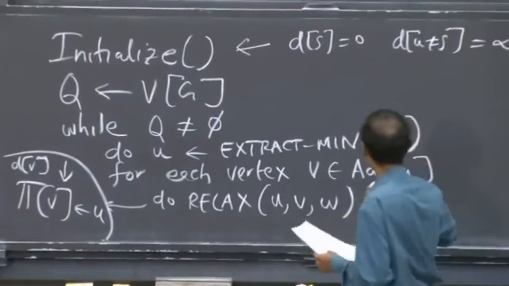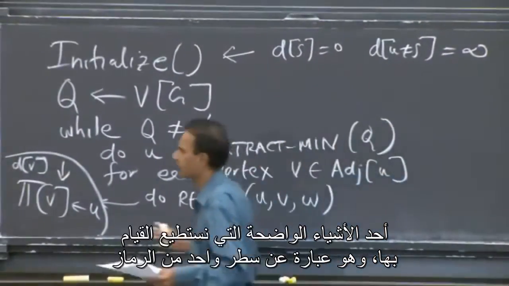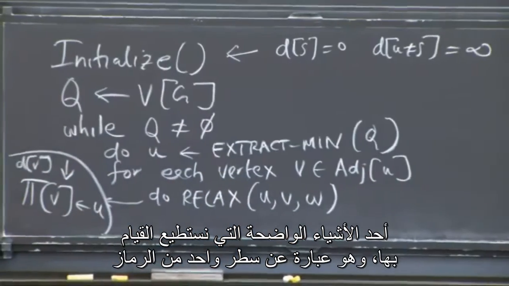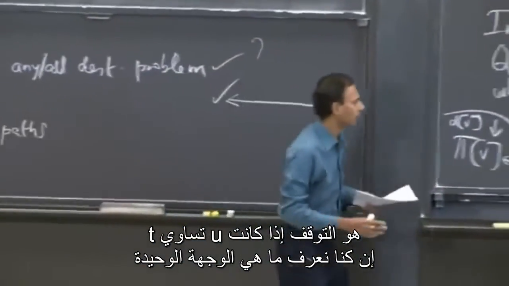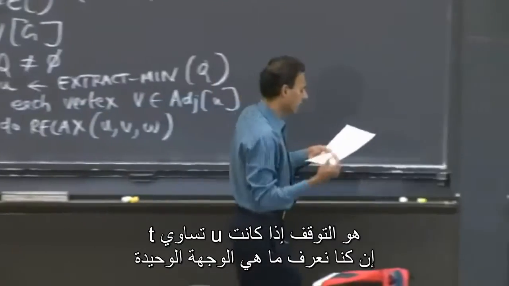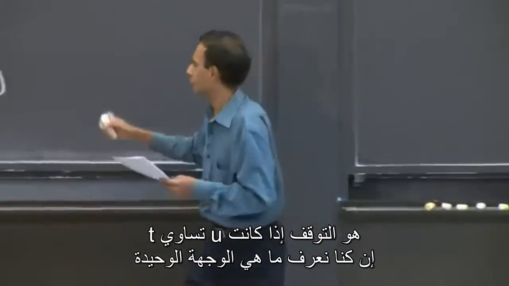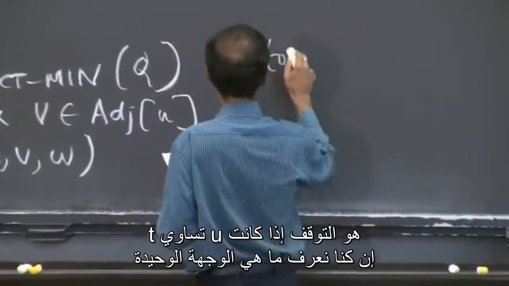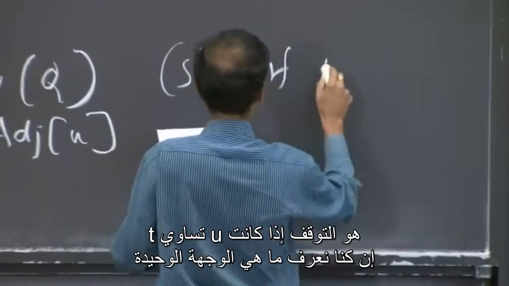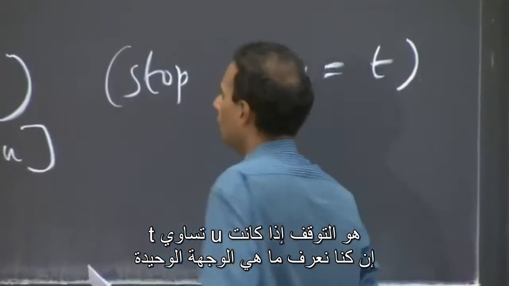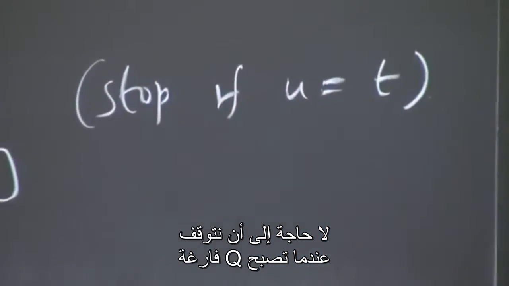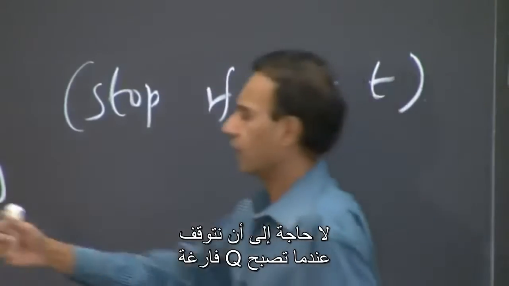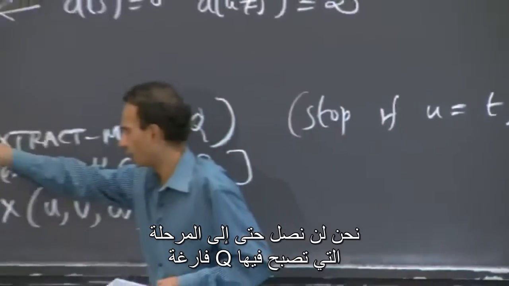One of the things that we can do, this straightforward thing, which is one line of code literally, is to say that if you know what the single target is, then you simply stop if U equals T. So no need to stop when Q becomes null.